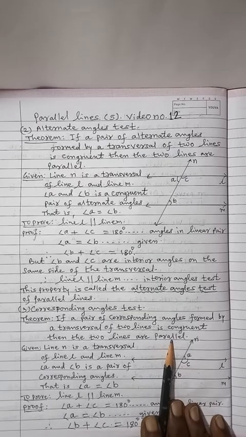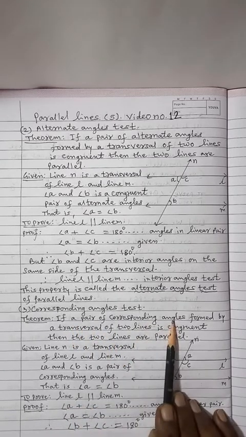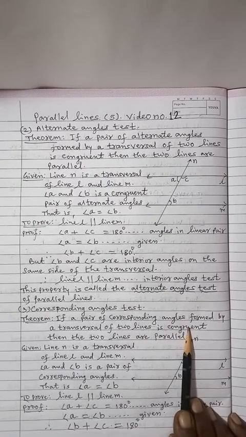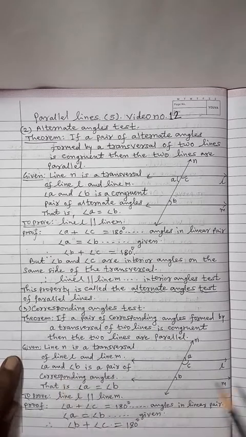We know if a transversal intersects two distinct lines, then there are four pairs of corresponding angles. Out of the four pairs, if a pair of corresponding angles is congruent, then what is the conclusion? Lines are parallel. So what is given?